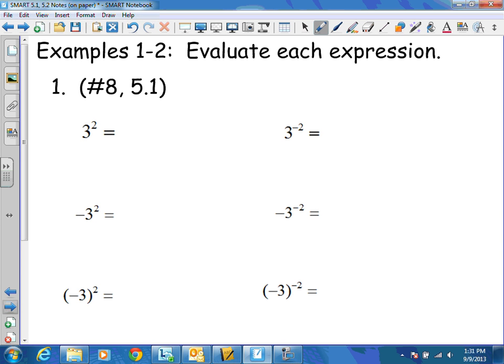So the middle ones are -9 and -1, because if there are no parentheses, it means it's times -1. So you gotta do that. So it's not really 1 over -9. But because of parentheses, you do that entire thing first. So it's just 9.